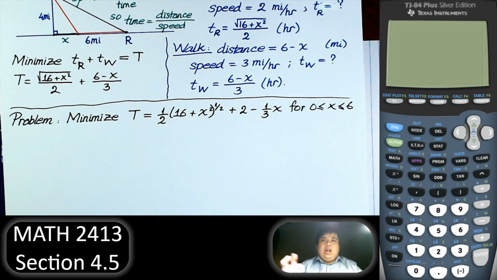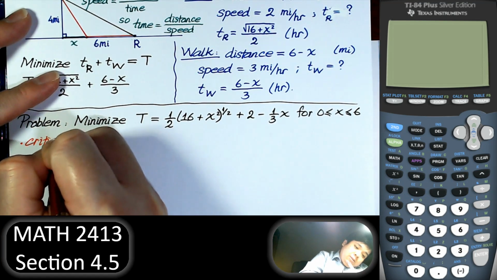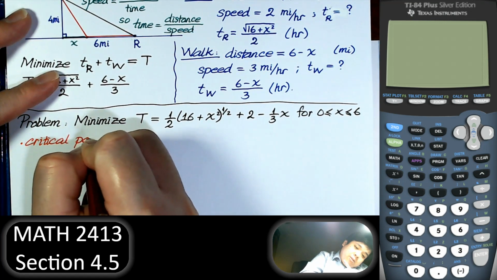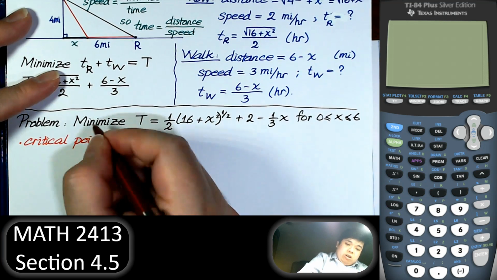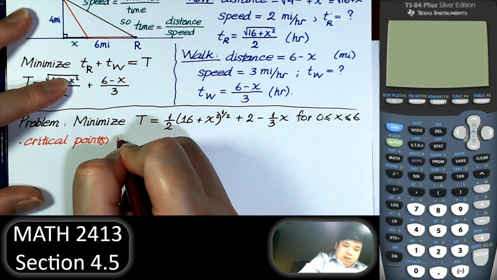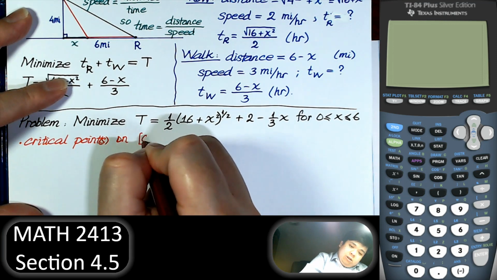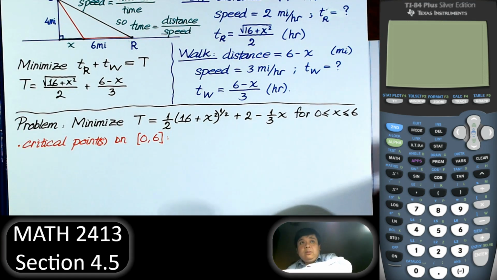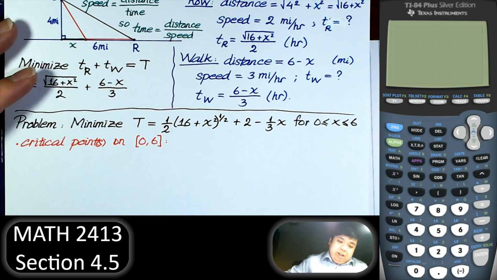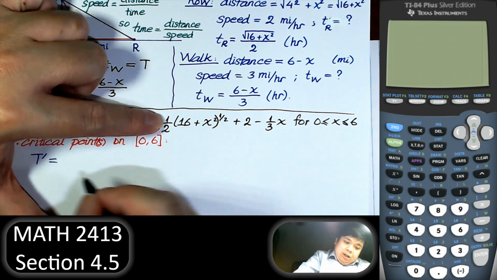The solution will be similar to what we have been doing. Find critical points on 0 and 6. So first, of course, I will take the derivative.